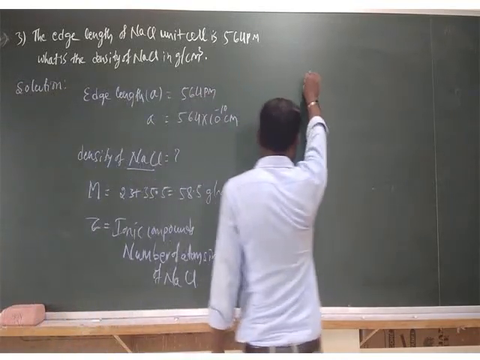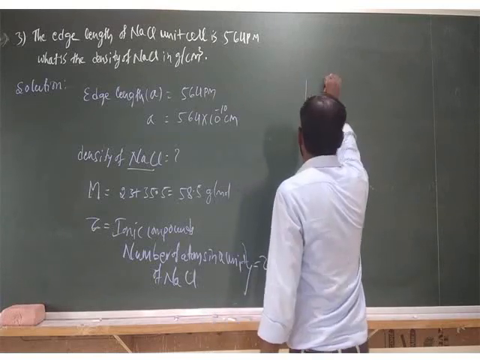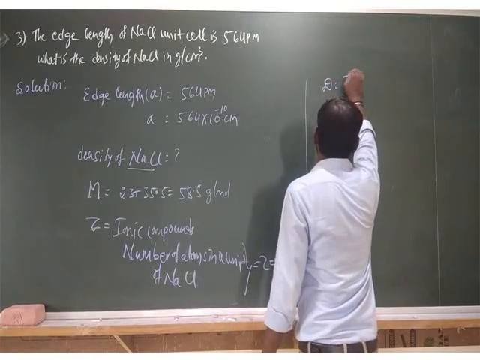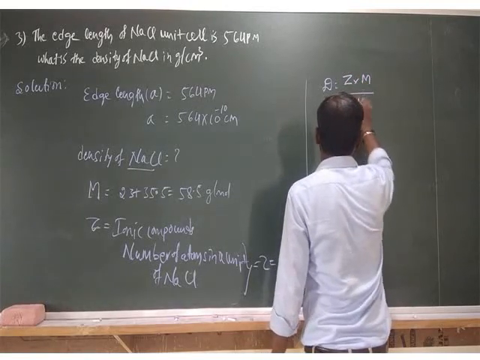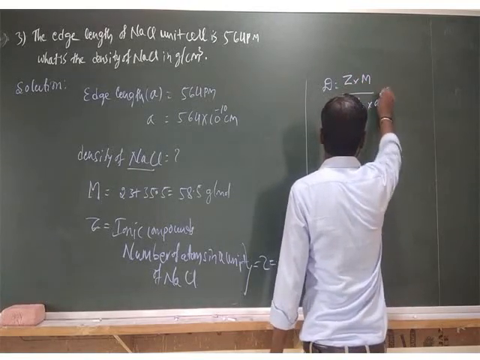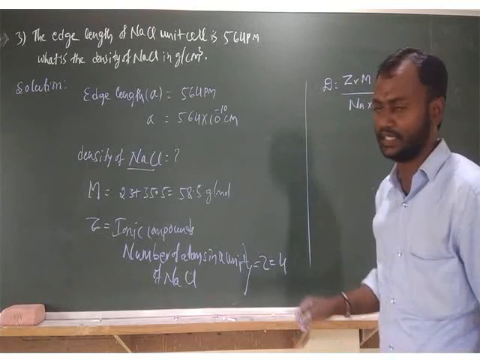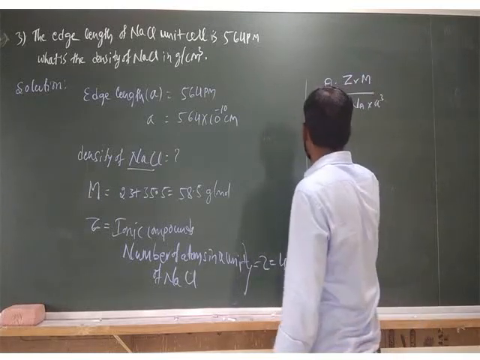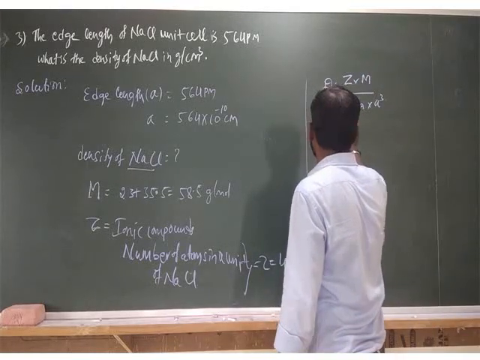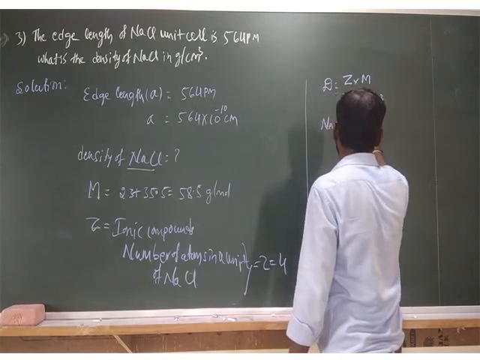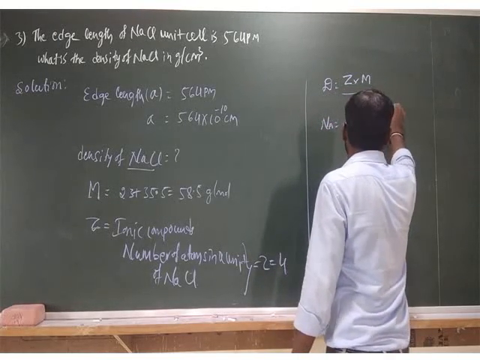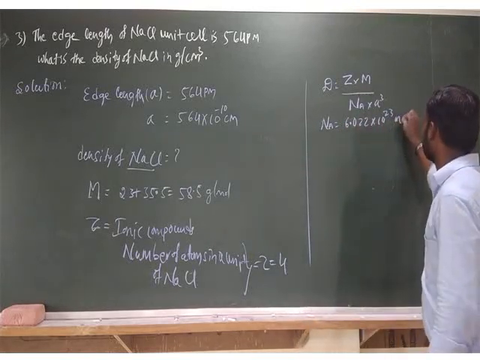Therefore, density D is equal to Z into M whole divided by Na into A cube. Na value is given: Na is equal to 6.022 into 10 raised to 23 per mole.